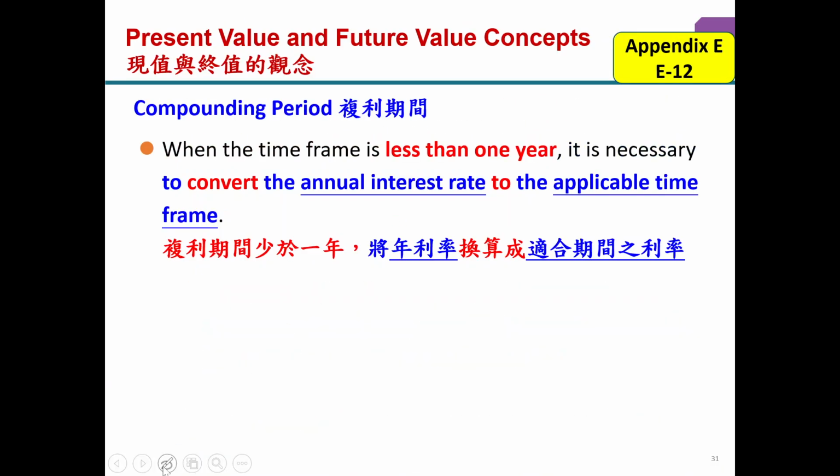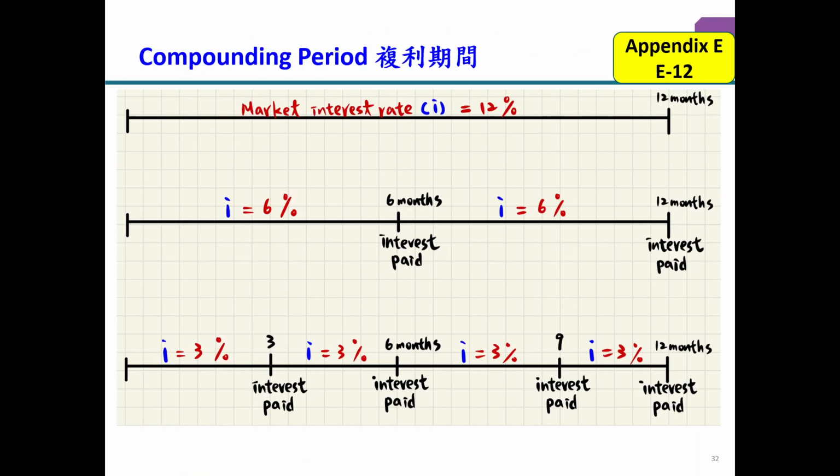It's quite a common situation. So you have to understand, when interest occurs less than 1 year, how we get the present value and future value. So for example, right here, the first case we mentioned: what if every 1 year you get a market interest rate of 12%?